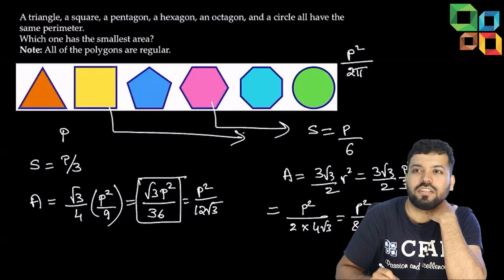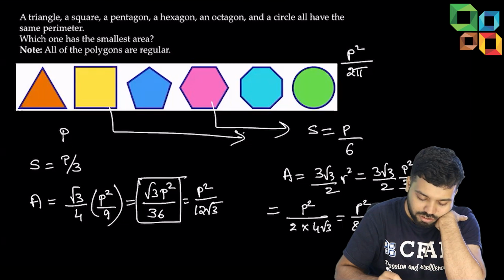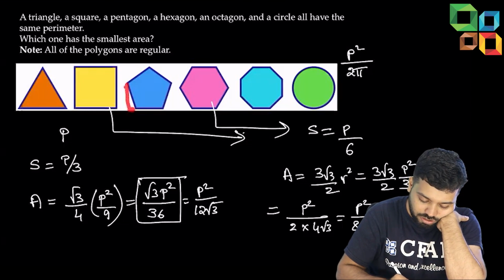No, not just the height. If everything has the same height, then first we'll take the pentagon. For the pentagon, we can add some triangles and complete it into a square. Like this you're saying? Yeah.